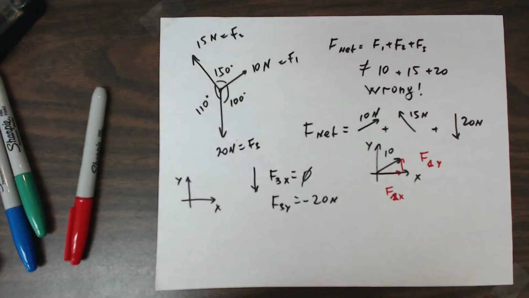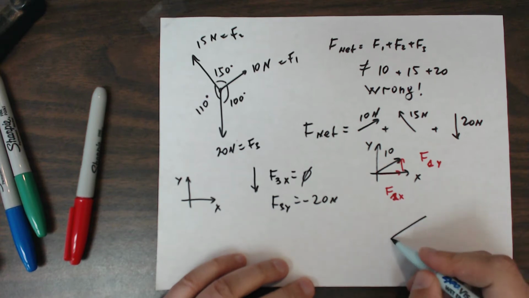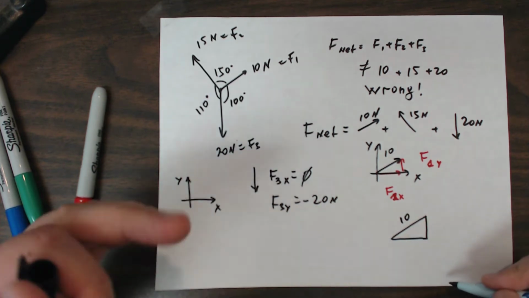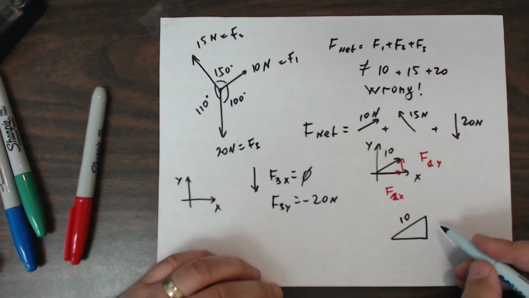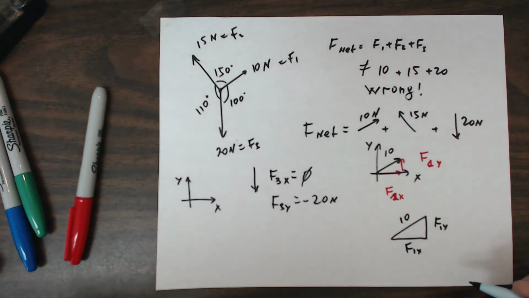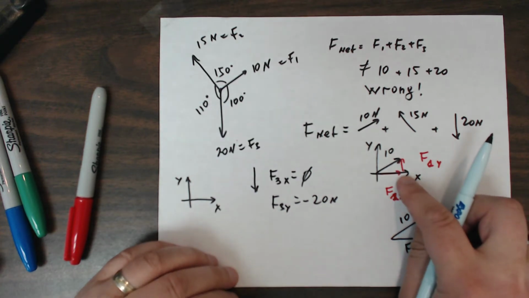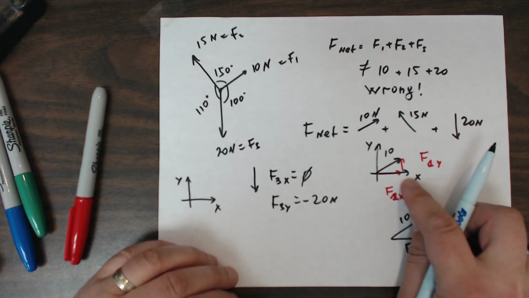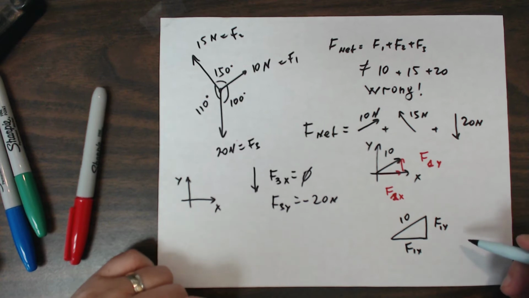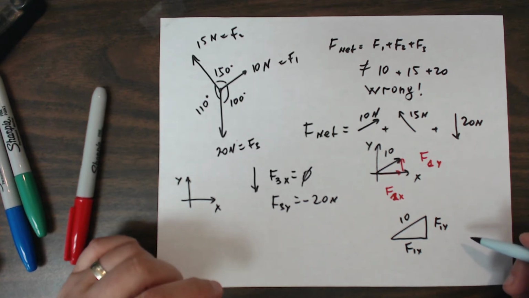So this triangle looks like this. The hypotenuse equals 10 newtons, and we need to calculate these sides. The x component is positive, and points in a positive x direction. The y component is positive, so each component is positive.